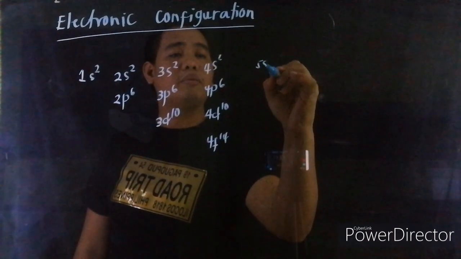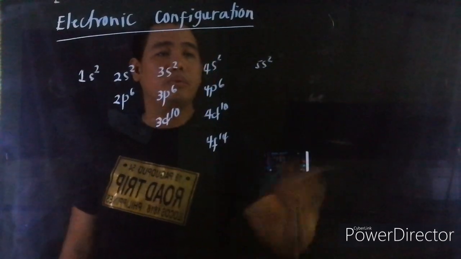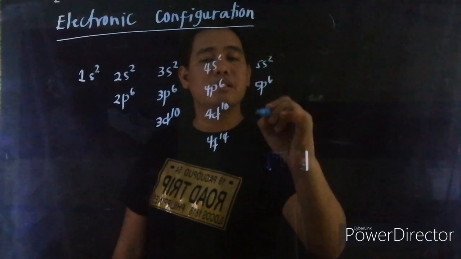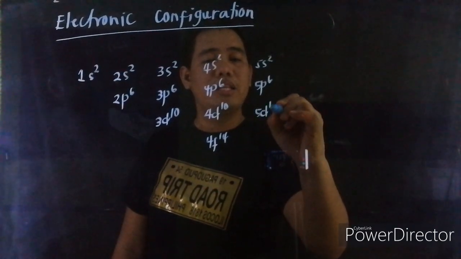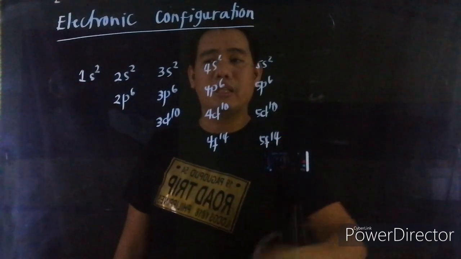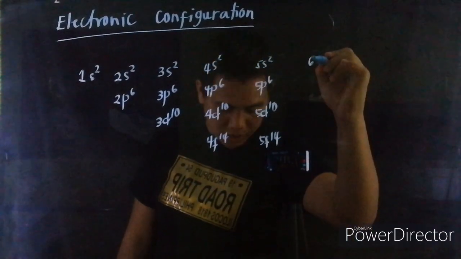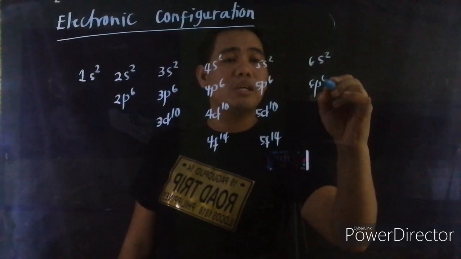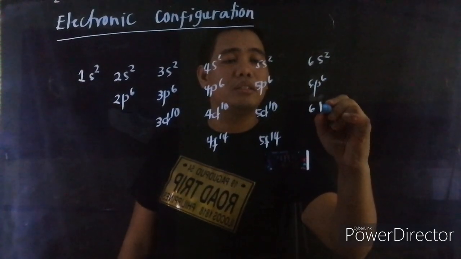Then we have 5s2, 5p6, 5d10, 5f14. Then we have 6s2, 6p6, 6d10.